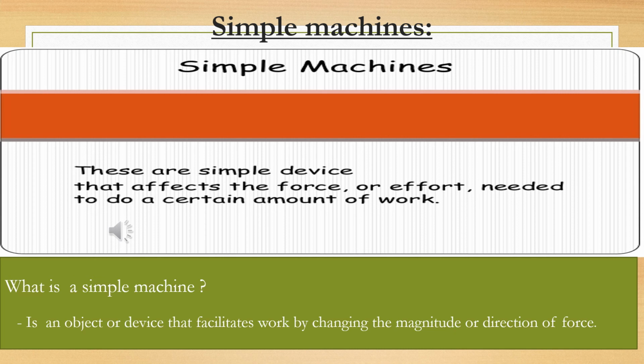One can also say that a simple machine is an object or a device that facilitates work by changing the magnitude or the direction of force. Let's continue and learn more about simple machines.